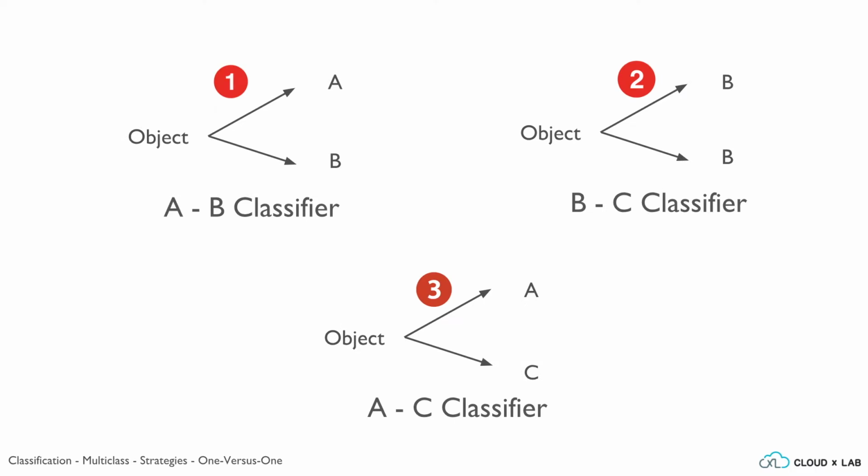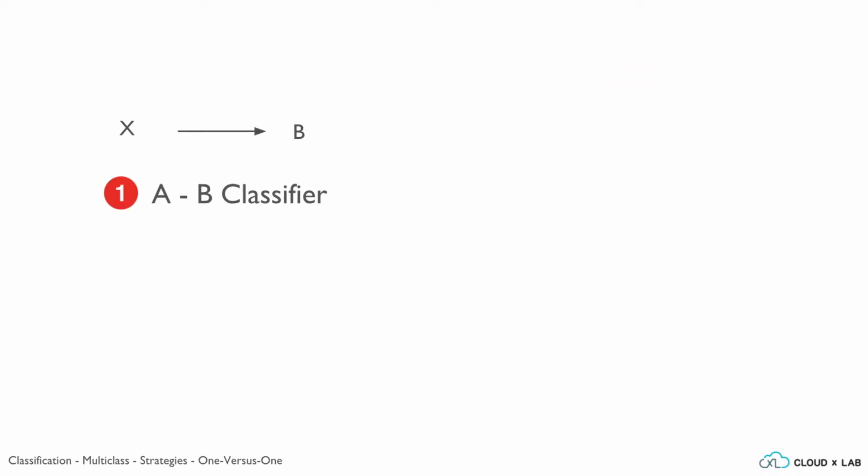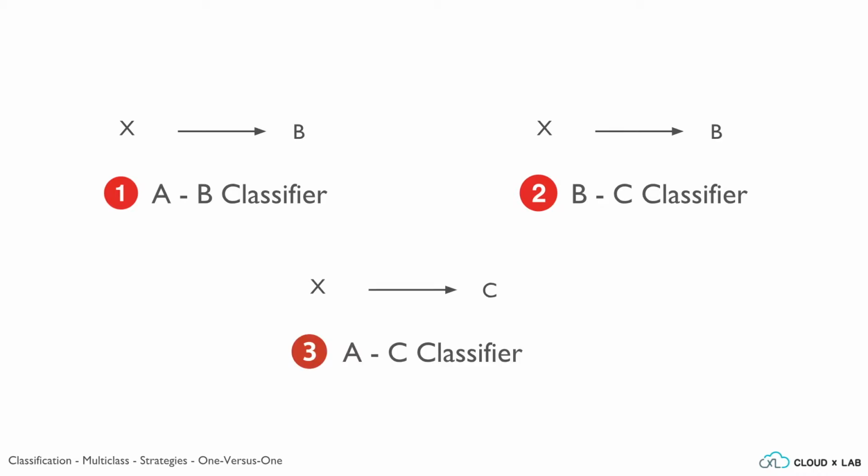As you can see, we have trained 3 binary classifiers for each possible pair of classes A, B, and C. Now to classify an object X, we pass it to each binary classifier and assign it to the class which has the majority. Say the AB classifier classifies object X as B, BC classifier classifies object X as B, and AC classifier classifies object X as C. Since here class B has the majority, our model will classify the object X as B.